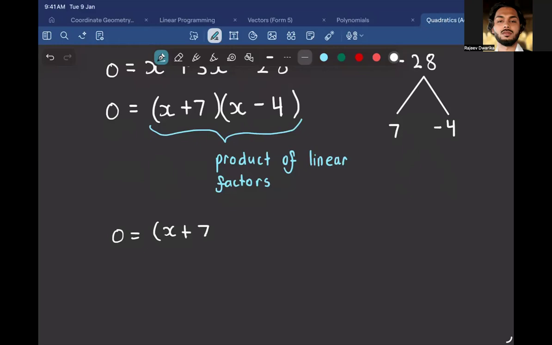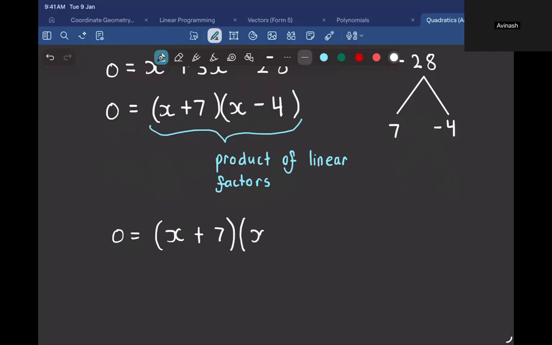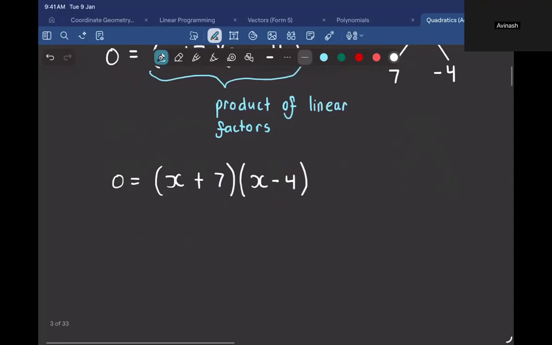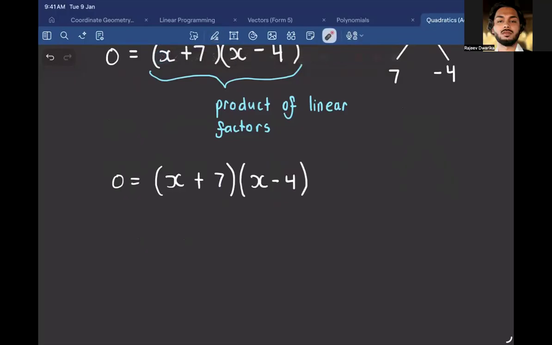If we have x plus 7 in one bracket, what value of x would make that bracket turn to 0? Minus 7. Right?